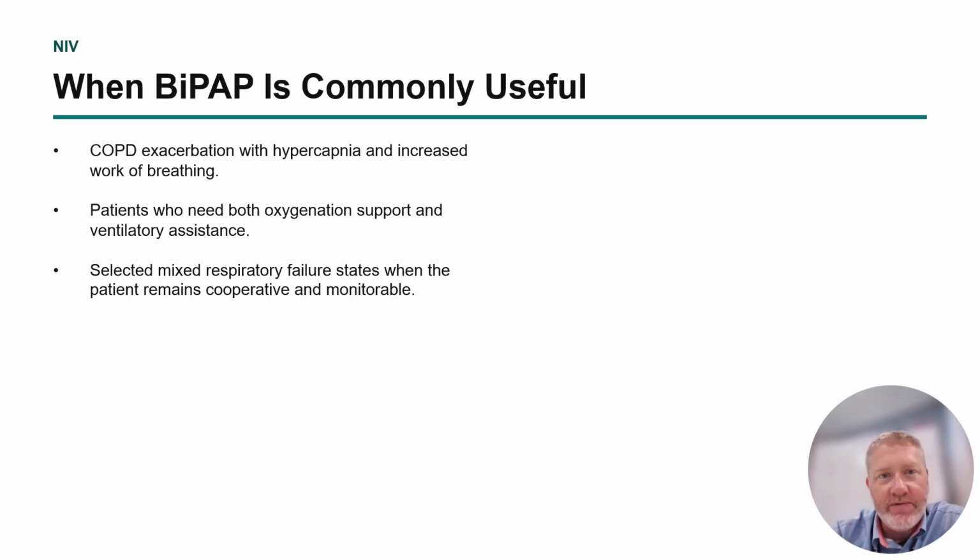CPAP for fluid, so CPAP for CHF, CPAP for pulmonary edema. BiPAP, on the other hand, is typically reserved for patients with COPD exacerbations, or if they're hypercapnic or have high PaCO2s, increased work of breathing, but also for patients who need both oxygen and ventilation support, and selected mixed respiratory failure states when the patient remains cooperative and monitorable.